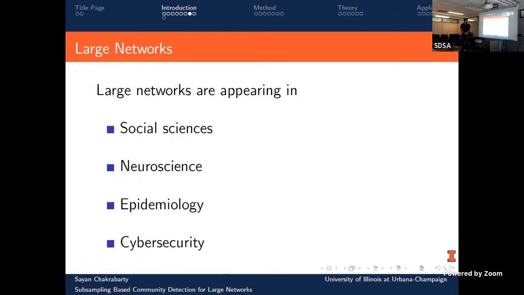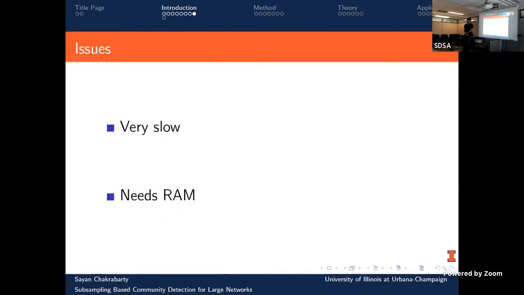Now, all these methods are very accurate, but they do not do well for large networks in terms of computation time. Nowadays, we have large networks appearing almost everywhere. Social networks are huge, and with computer-generated data, the networks have millions of nodes and billions of interactions between them. In those large networks, all those methods are very slow, and they require a lot of memory to work.